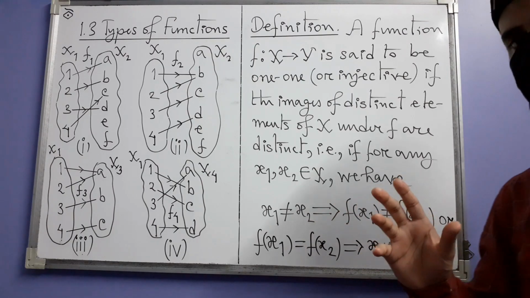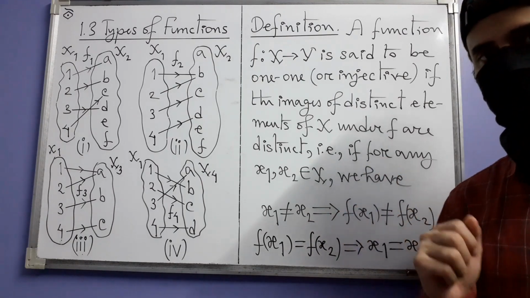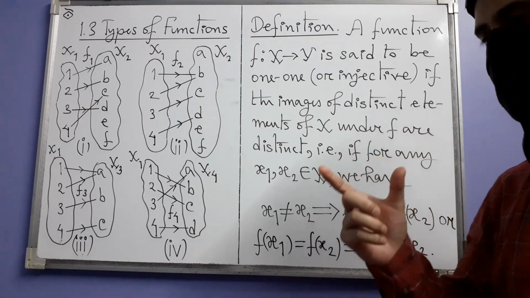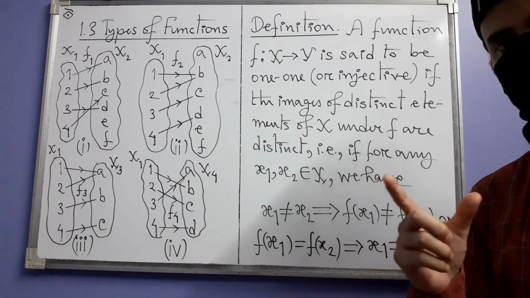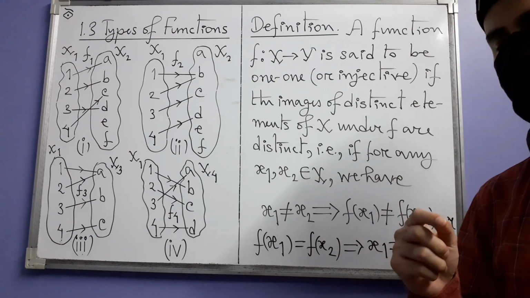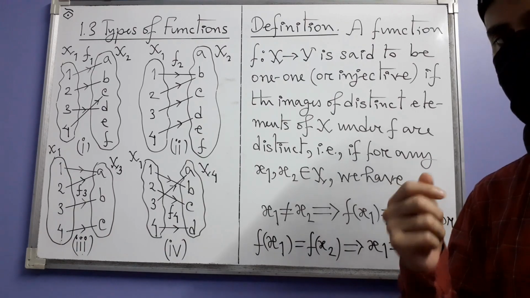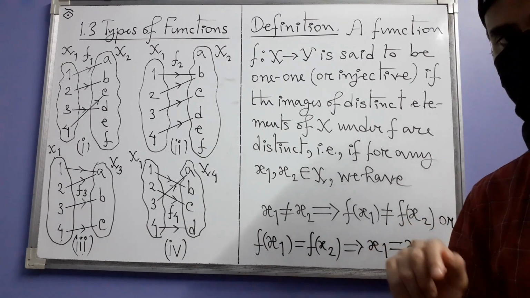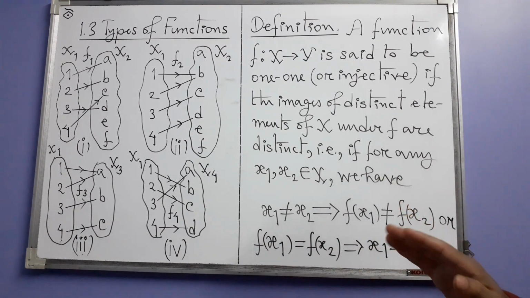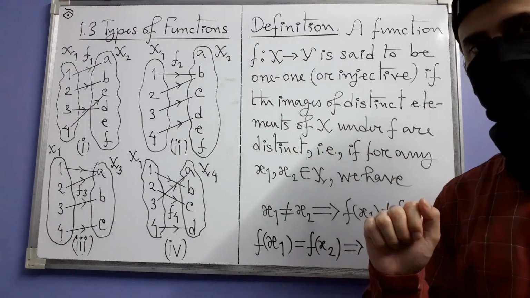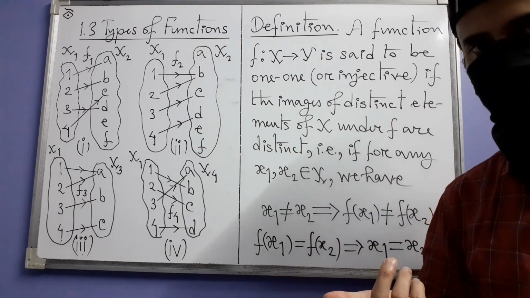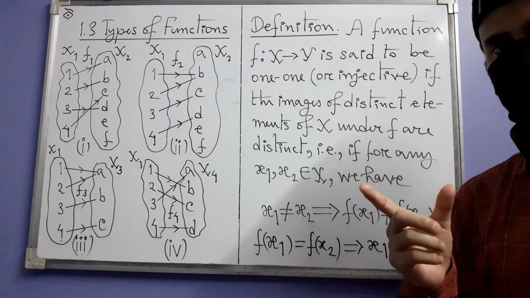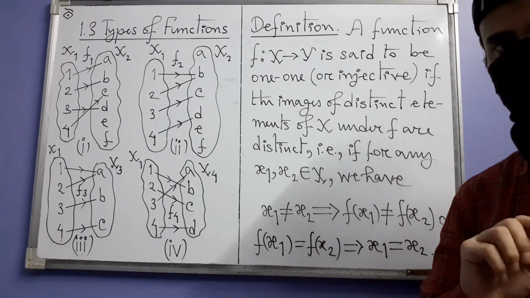Do you remember logically equivalent statements? Two statements are said to be logically equivalent if they are either simultaneously true or simultaneously false. In other words, if any one of them is true, then the other one also has to be true. And if any one of them is false, then the other one also has to be false.